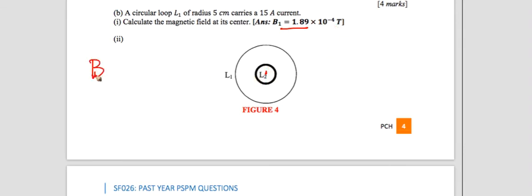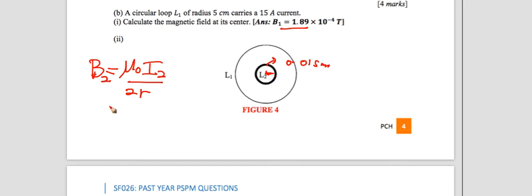For L2, the B produced by L2 uses the same equation, B equals mu naught I, this is I2, over 2R, the radius. The radius here for the second loop is 0.015 meter, right?